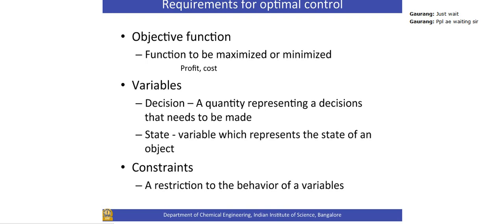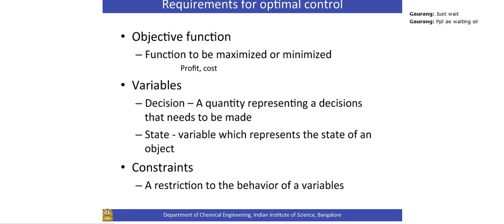On the other hand, whatever decisions we take in turn determine the status of the bioprocess or fermentation process, which we can represent using what we call state variables. These are nothing but variables which represent the status of the process. Simply, they can be the concentrations of the carbon source, nitrogen source, oxygen, and so on.